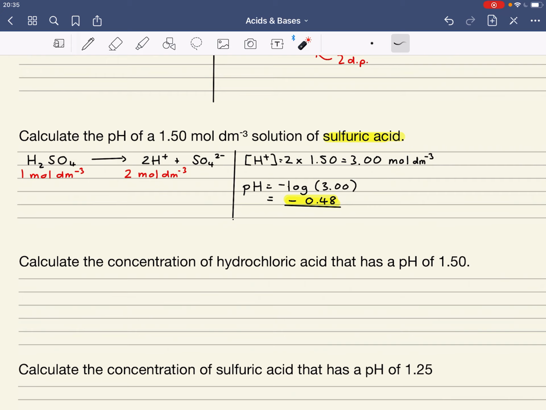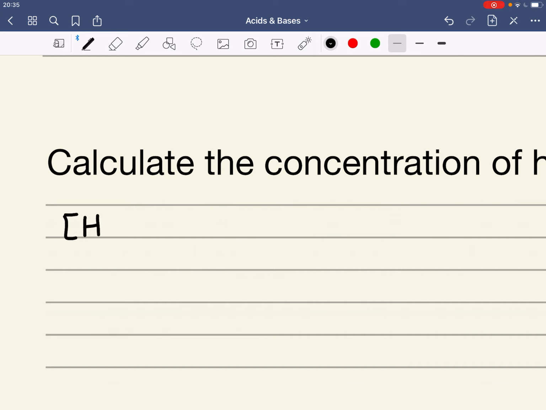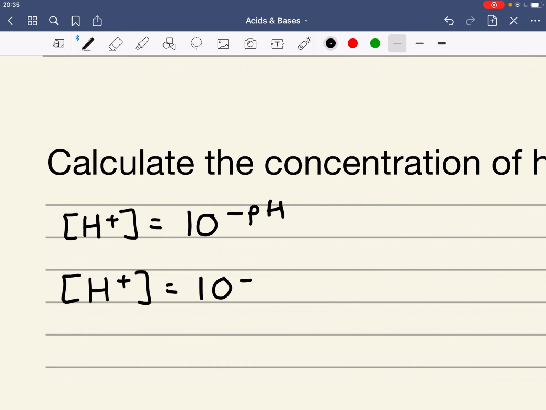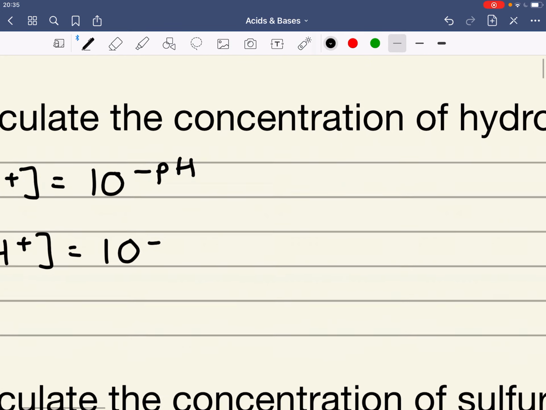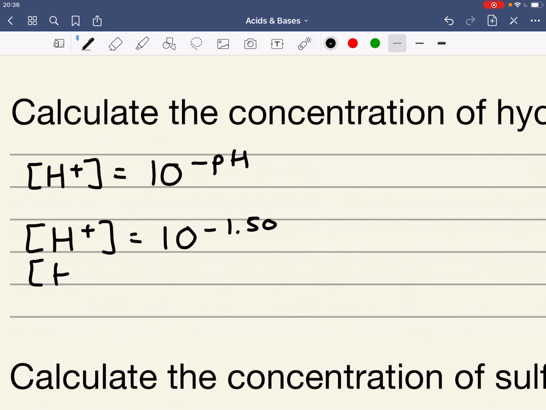Now, we may get a situation where we have to work out the concentration of an acid given the pH. And in this instance, we would say that the hydrogen ion concentration then is equal to 10 to the minus pH. So in this case, the hydrogen ion concentration then is equal to 10 to the minus 1.50, and that there would give me a hydrogen ion concentration of 0.0316 moles per decimetre.